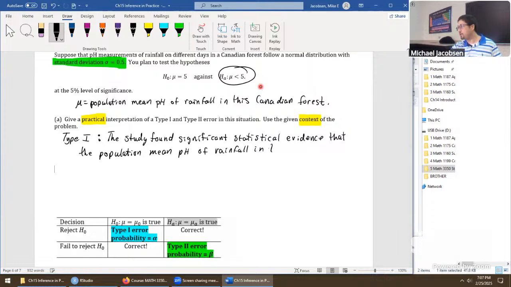So I'll say in this forest is less than 5, and that's a comma right there.